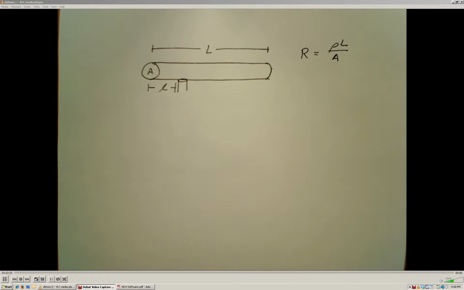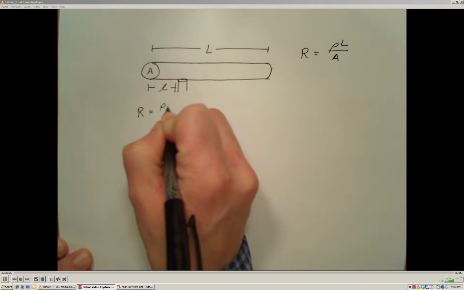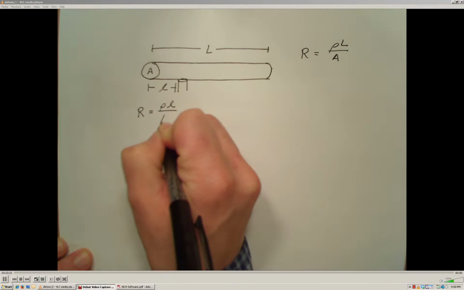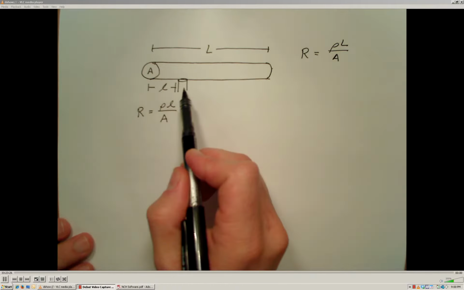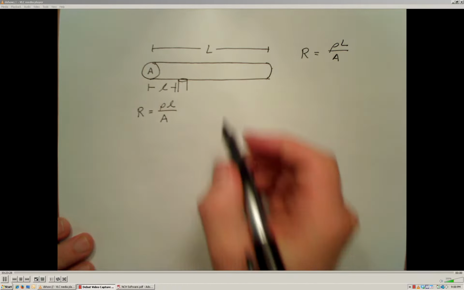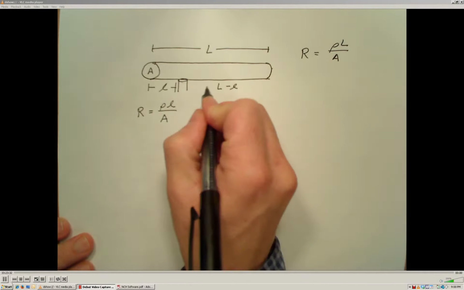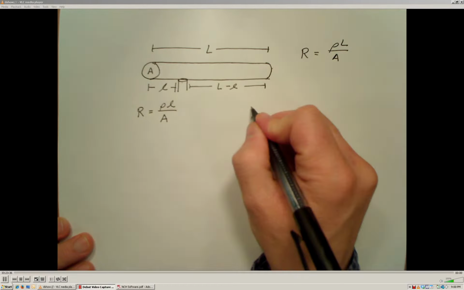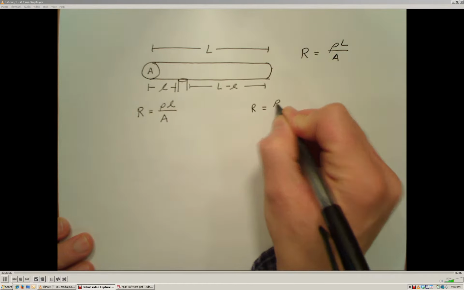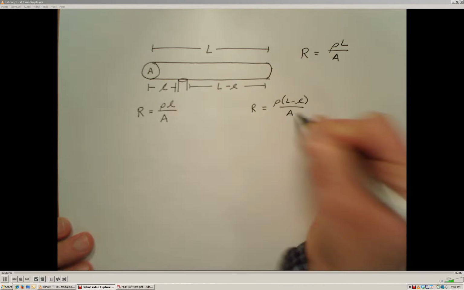So in this case, this resistance is going to be R equals rho little l over A. And of course the remaining resistance between here and this end is going to be the length big L minus this small length, so R equals rho (L minus l) over A.